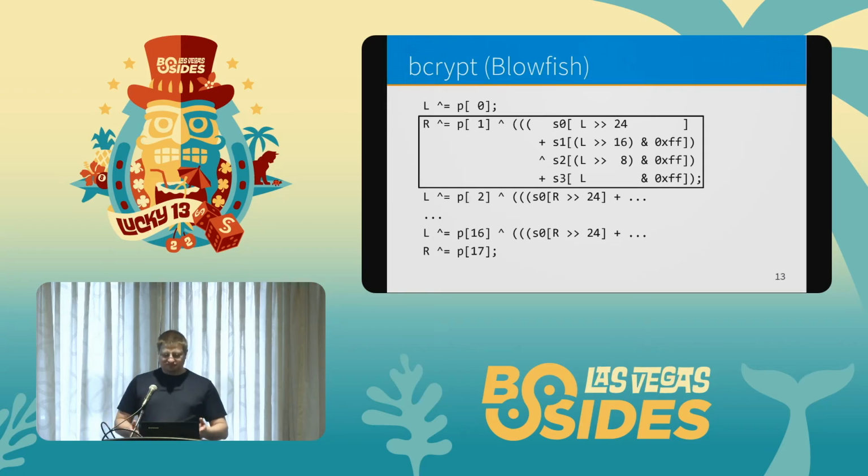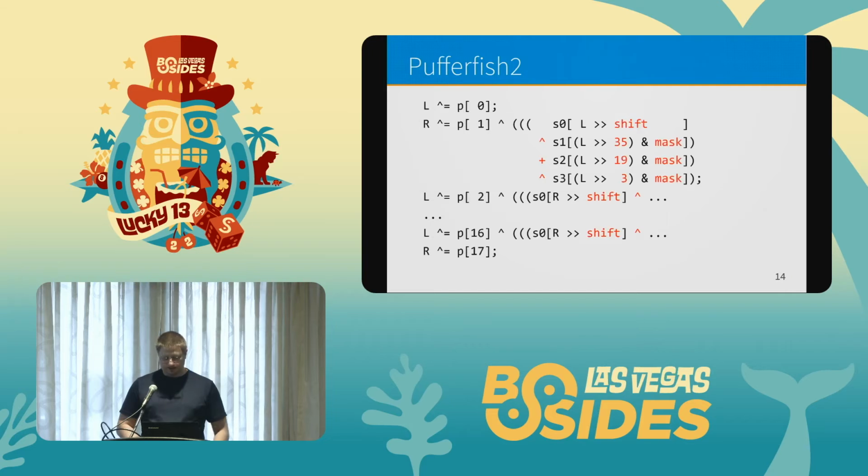But basically, this right here is Blowfish encryption. The block right there is done like 16 times. S0 through S3, those are S-boxes. And so Pufferfish made these changes to Blowfish. Also, Blowfish is 32-bit.